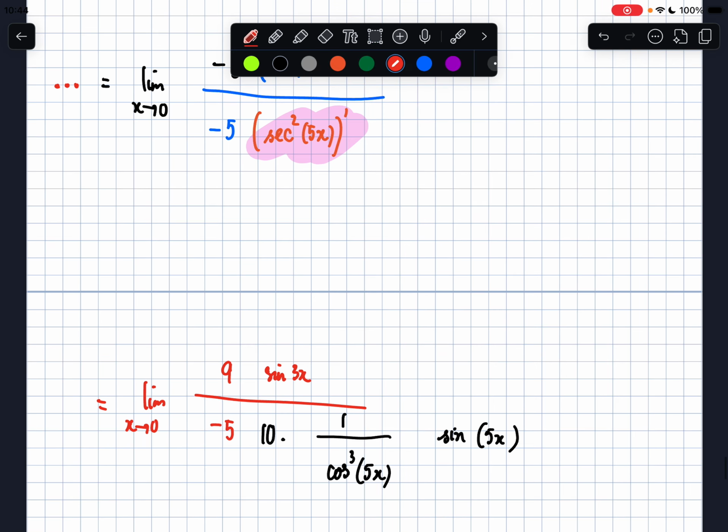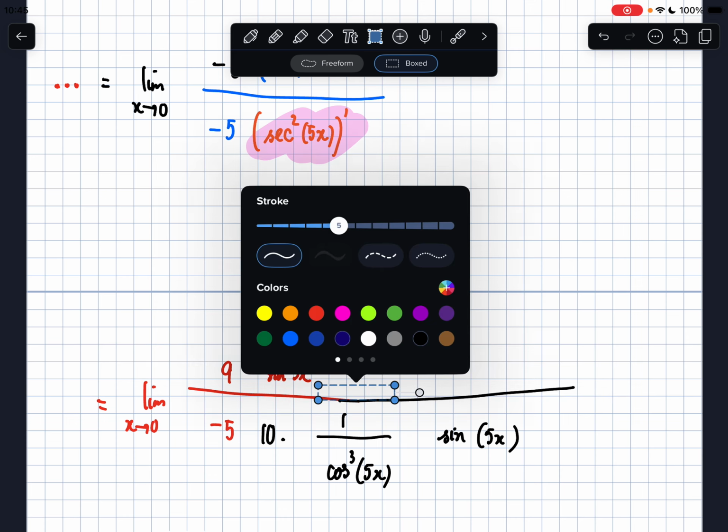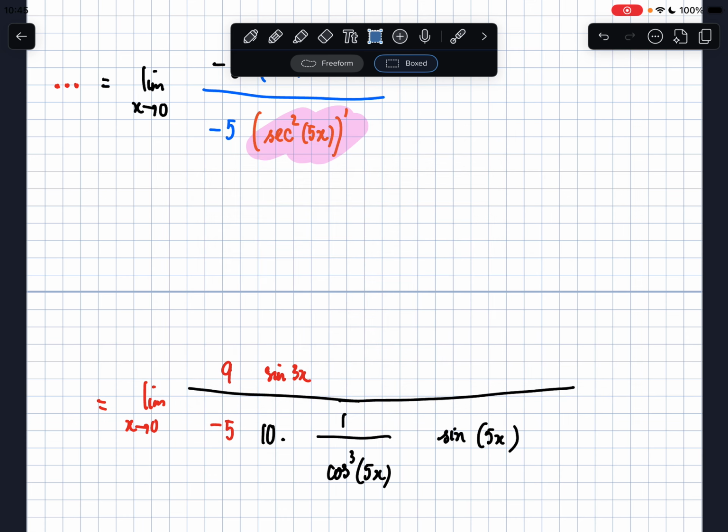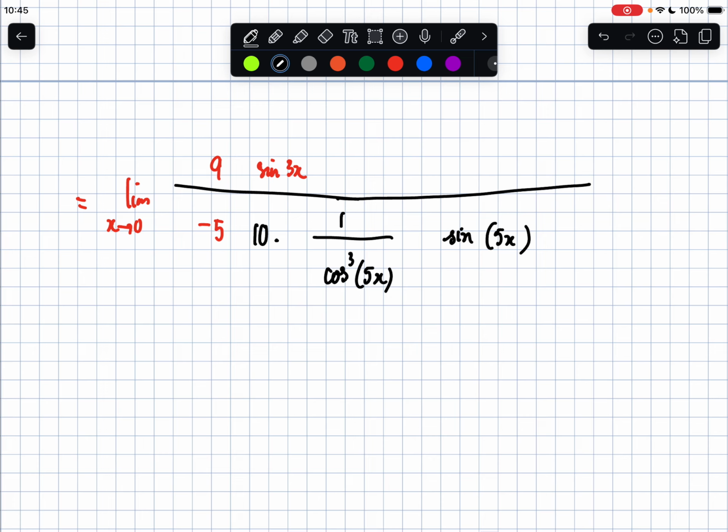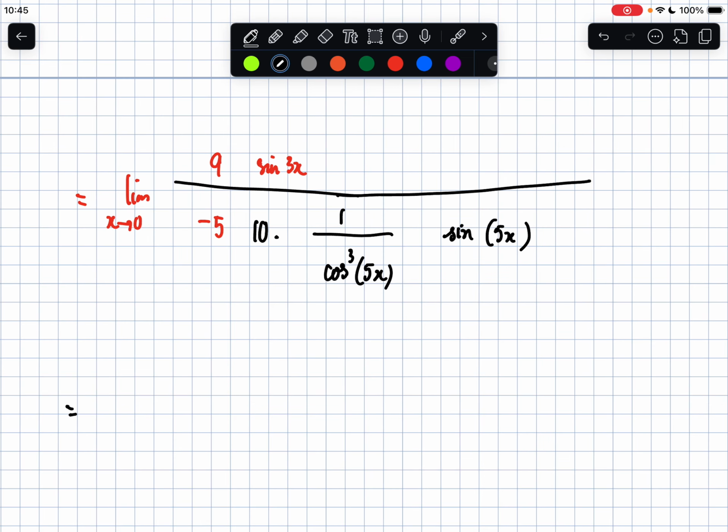That's what you get. Now look at this. We have minus 9 divided by 50, just a number, take it out.